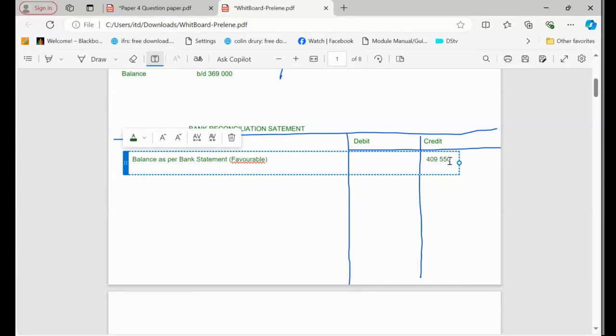I didn't write less or add. But I prefer to start with adding, so I'm going to say plus. Do you have to write add or less? You don't have to, as long as you went to the right side.